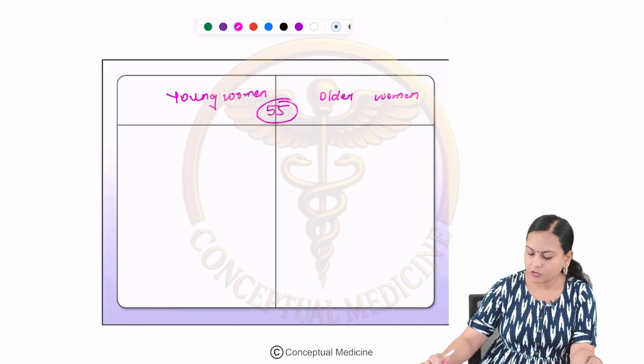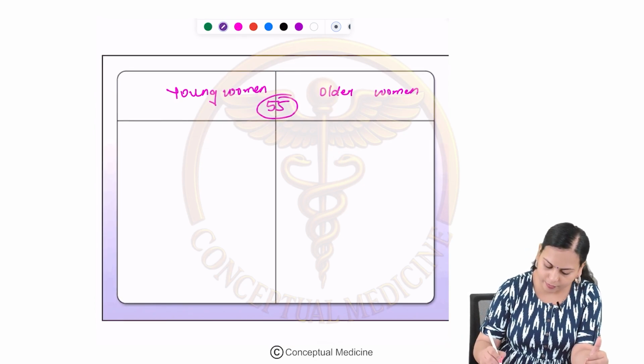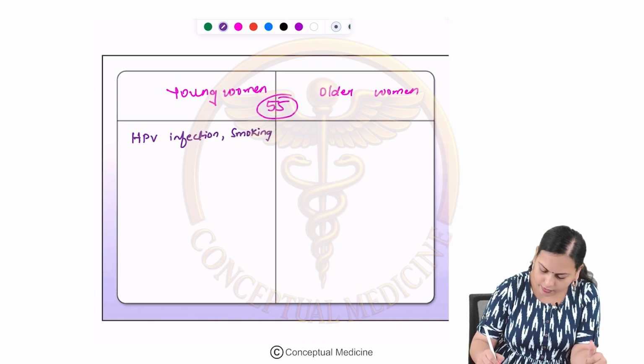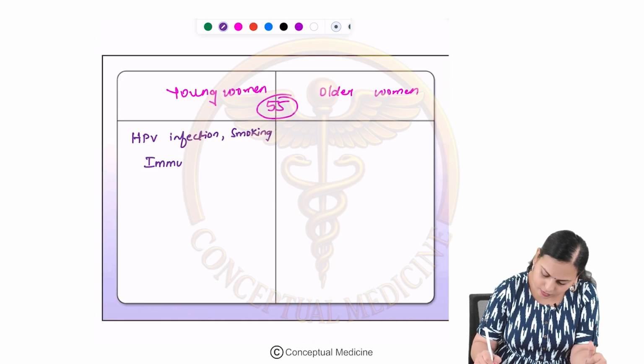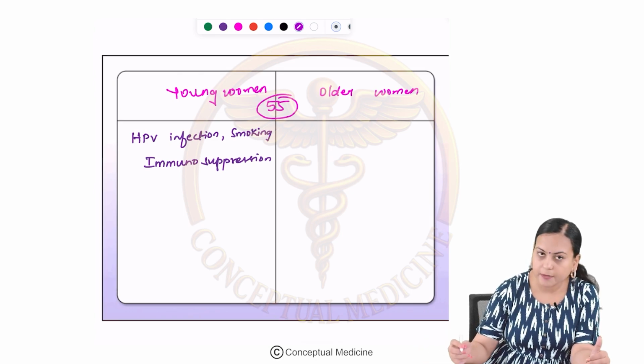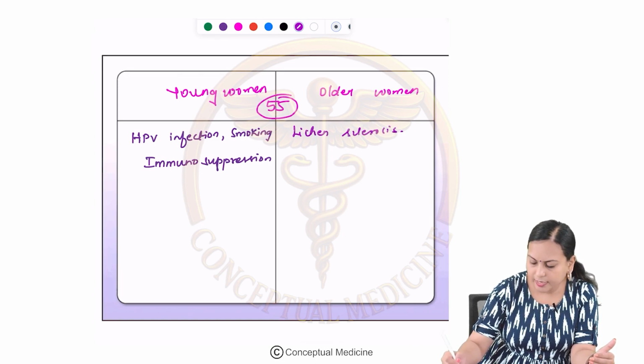The most common causes for vulval carcinoma in young women will be HPV infection, smoking, or even immunosuppression.